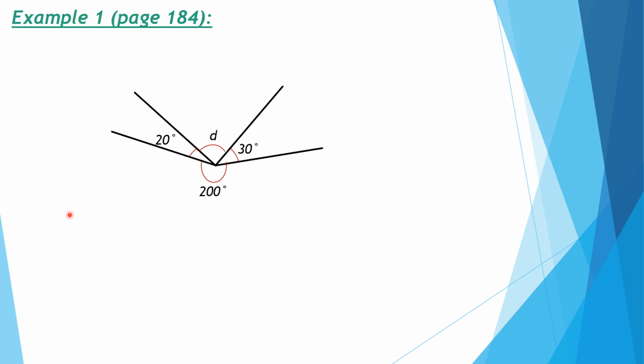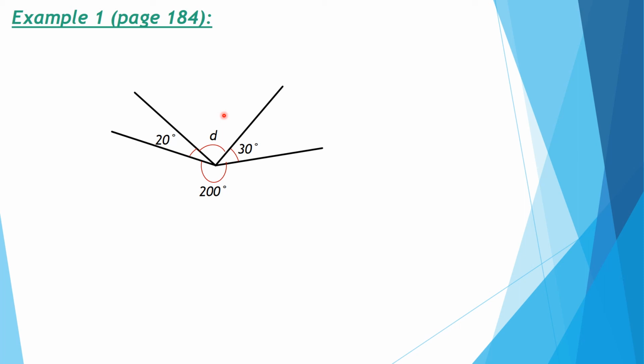Then you can be asked to find some unknown angles after giving some angles at a point. Here, this is the point, and you can see how these four angles formed around the point. One is 20, 200, 30, and this is not given. So, what is the way of finding D?